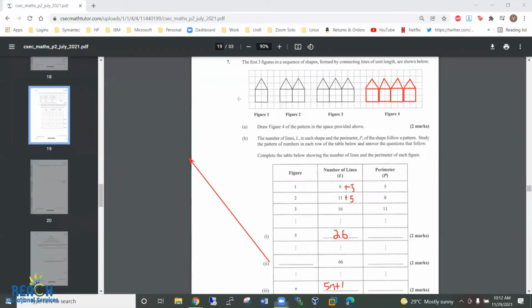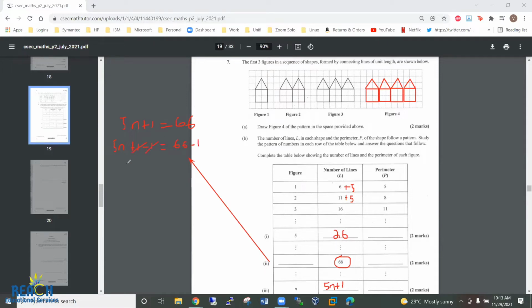We have 5n plus 1 equal to 66, and we want to find n. So we need to get rid of this positive 1. We do the opposite, which is subtracting 1 on both sides.